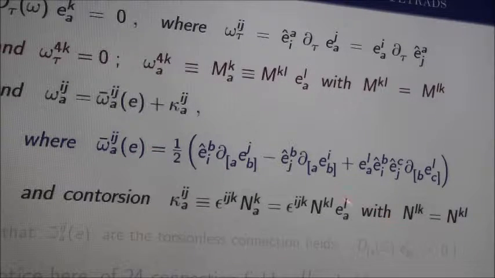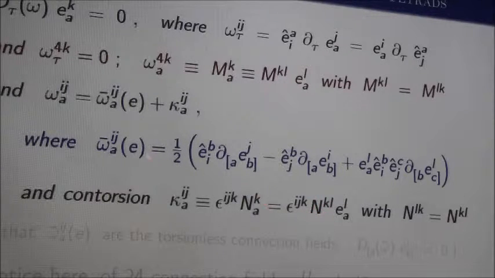So we separate a torsion-free connection component, and the rest of it, kappa_{αij}, is the contortion piece. And kappa_{ij} are again 9 fields. We reparameterize them as epsilon_{ijk} N^k, introducing a new set of 9 fields, N^k, and that can equivalently be written in terms of N_{kl}, a 3 by 3 matrix, with 9 fields.